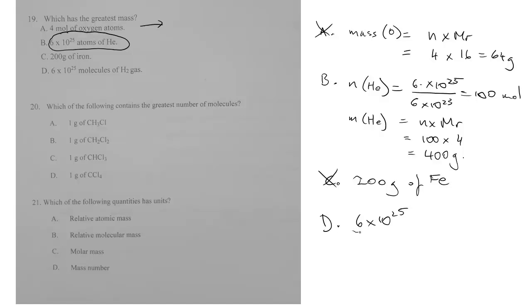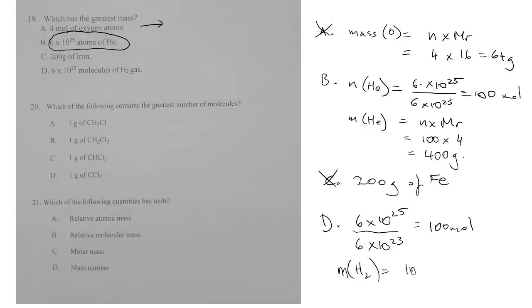So we're going to divide it by Avogadro's constant again, to find the mole of hydrogen gas, and once we find the mole of hydrogen gas, we need to figure out the mass of hydrogen gas.